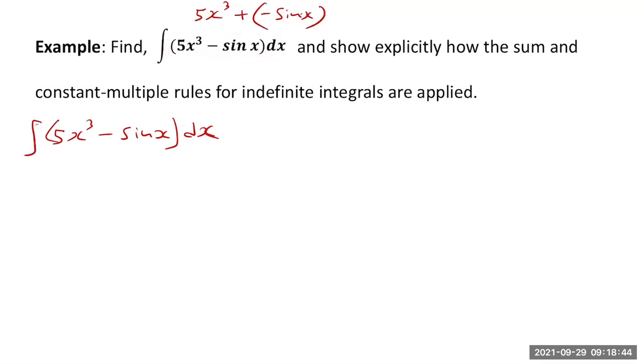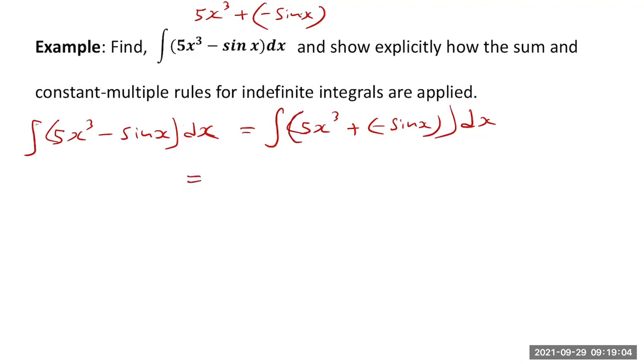So now let me write that here. This is equal to the indefinite integral of 5x cubed plus minus sine x dx. Now I'm going to apply some indefinite integral formulas that we discussed today.